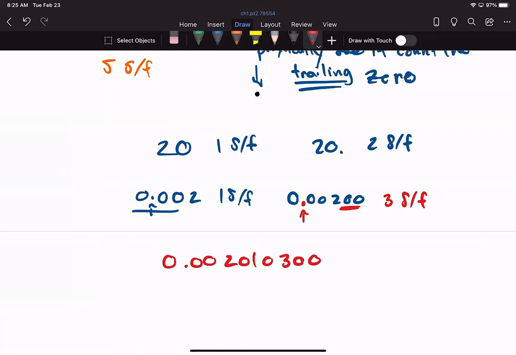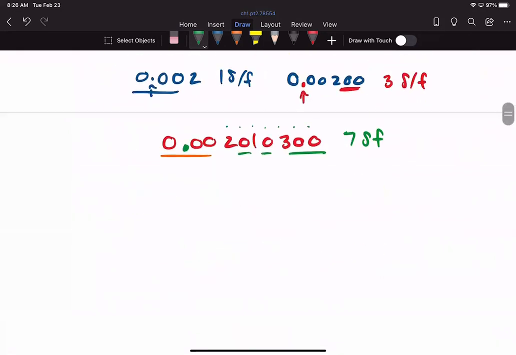Right? Okay, well, I know I don't have to count these because they're leading zeros. Here I have some captive zeros, so I should count those. And because I see the decimal, I have 2 trailing zeros that I also have to count. So we're going to go 1, 2, 3, 4, 5, 6, 7 significant figures. But in a value like this, 2010300, well, I don't see the decimal here.